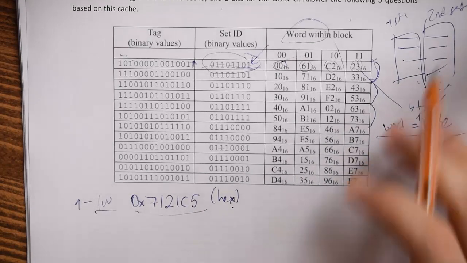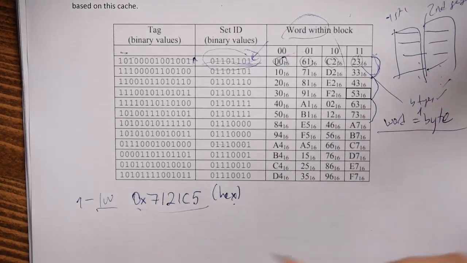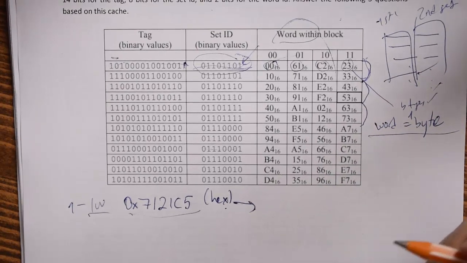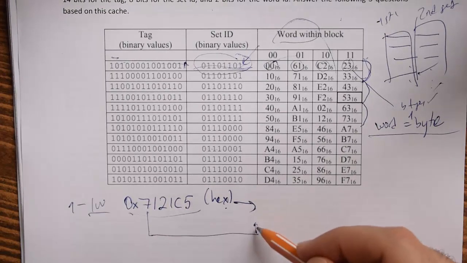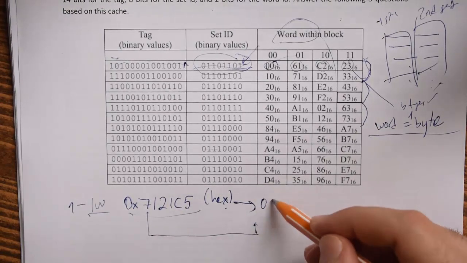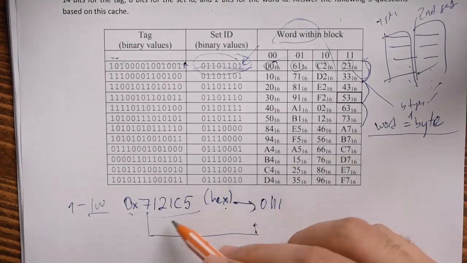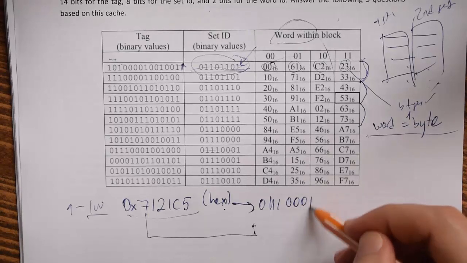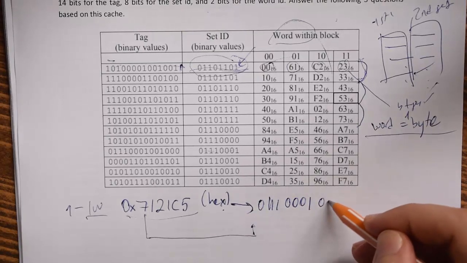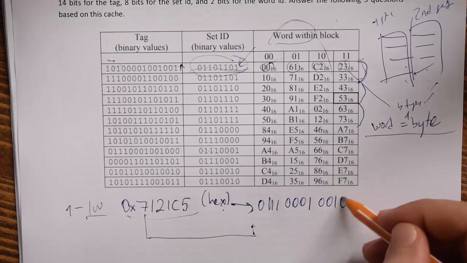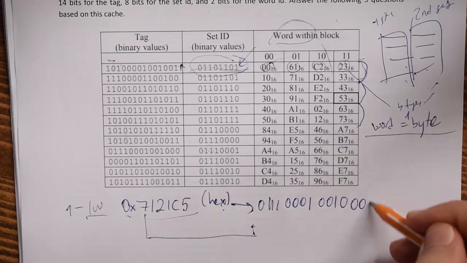In order to determine that, we have to first translate this number to binary. And it's pretty easy because we do it digit by digit. 7 is given by 0111, and then 1 is given by 0001. And then 2 is given by 0010, and then 1 again, 0001.